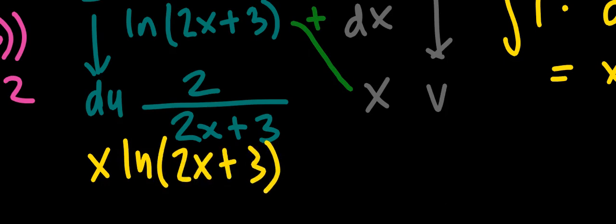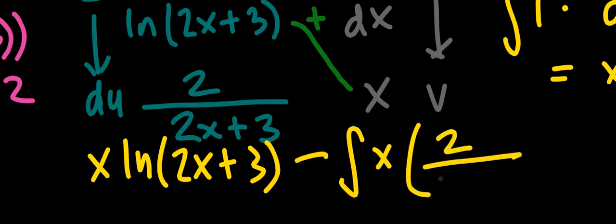So this is our uv, and then our integral of v du is v, which is x, multiplied by 2 over 2x plus 3, which is our du.